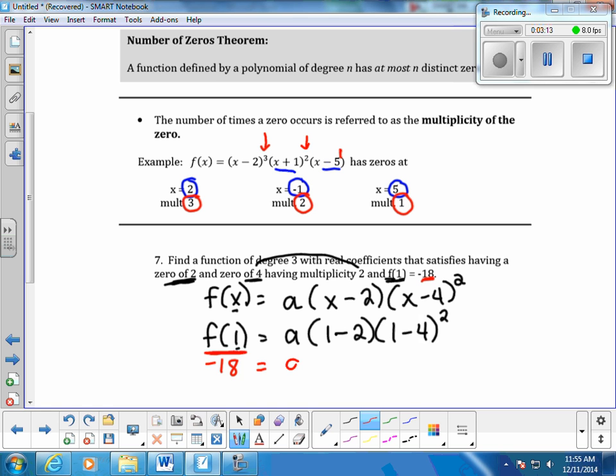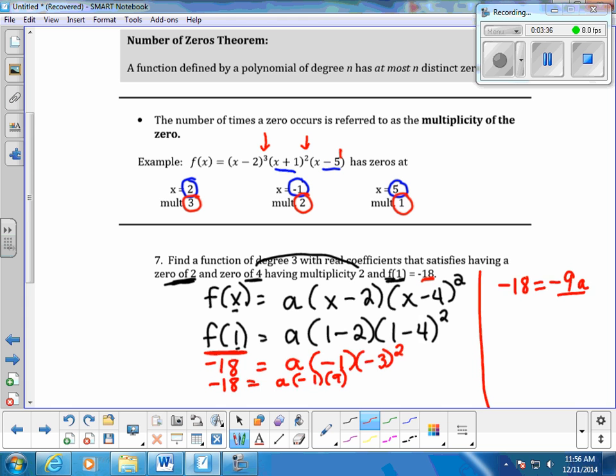I'm going to have a times 1 minus 2, which is negative 1, times 1 minus 4, which is negative 3 squared. So negative 18 is equal to a times negative 1 times 9. Negative 18 is equal to negative 9a, so we divide both sides by negative 9 because we're trying to figure out what that a is.